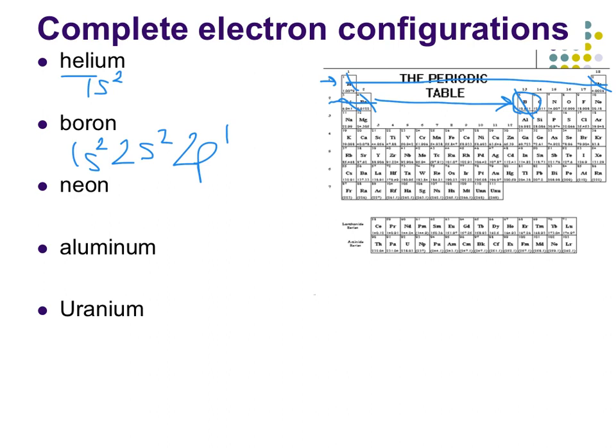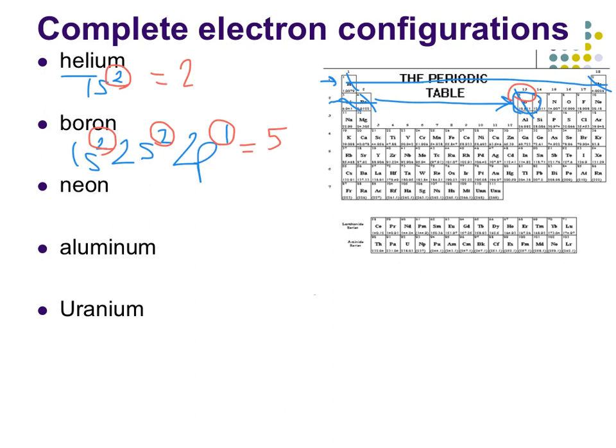Let's take a second to think about what we've written so far. With helium, we had an exponent of 2. And with boron, we have an exponent of 2, 2, and 1, which would total up to 5. Notice that boron is the 5th element on the periodic table. And remember, the atomic number would represent the number of protons, which would be equal to the number of electrons for a neutral atom.